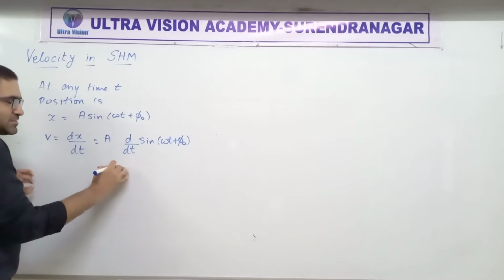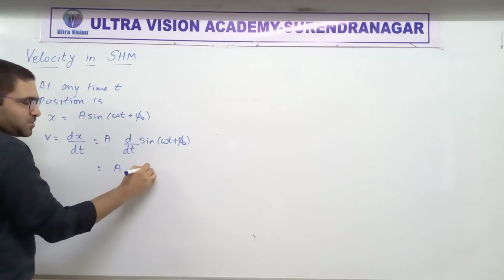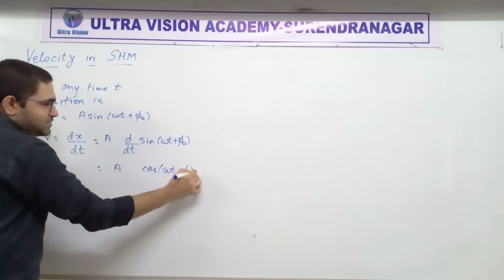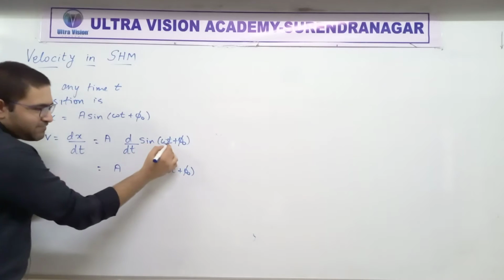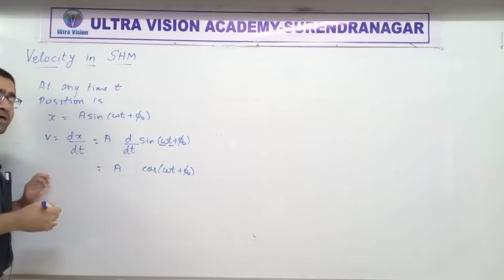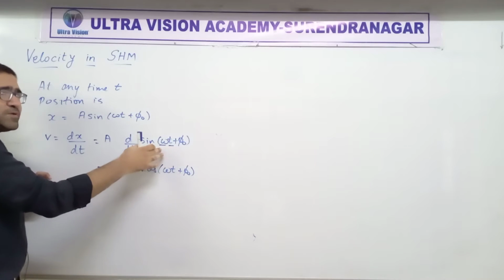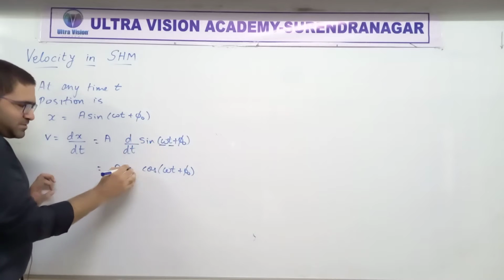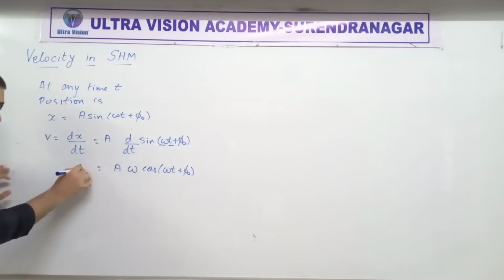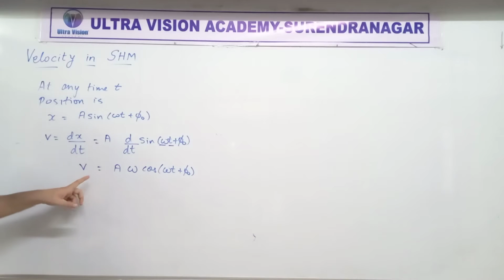Differentiation of sin theta should be cos theta, so cos(omega t plus phi 0). But like I taught you earlier, here this t is multiplied with omega, so that's why we should multiply omega outside. Is this equation that we have obtained clear to you?